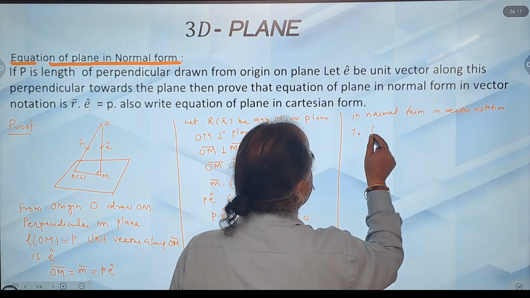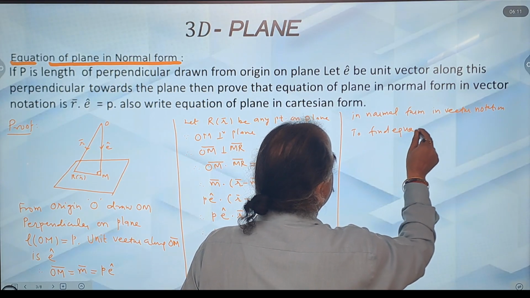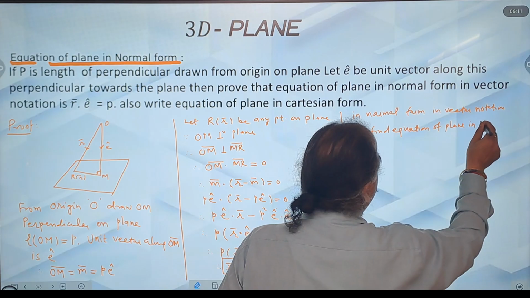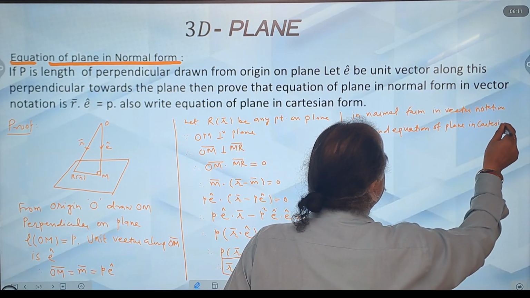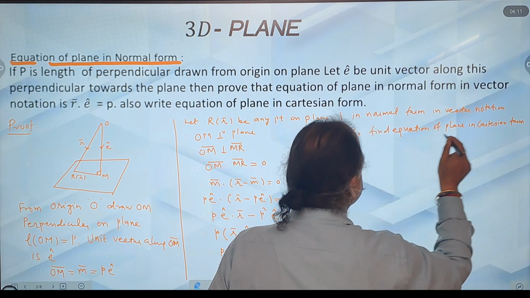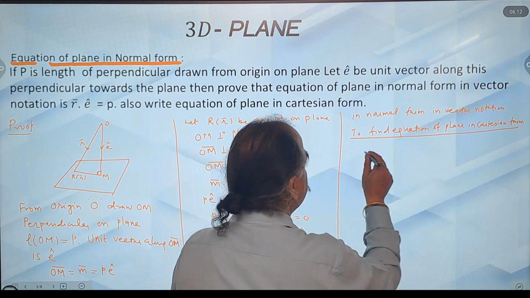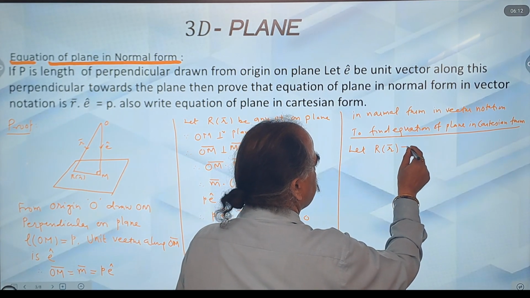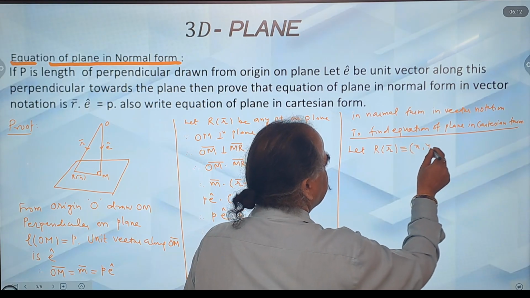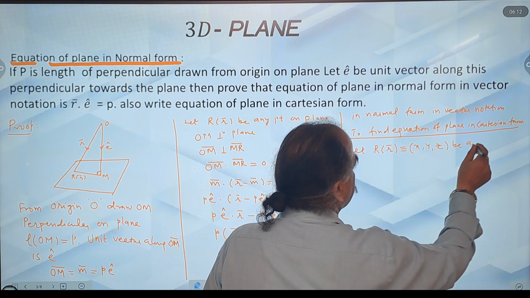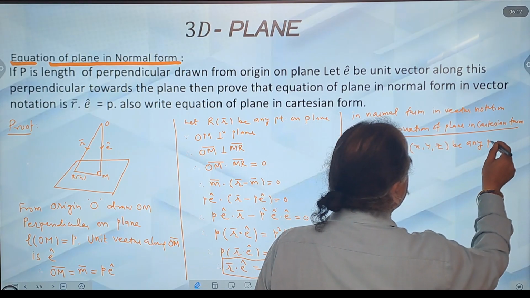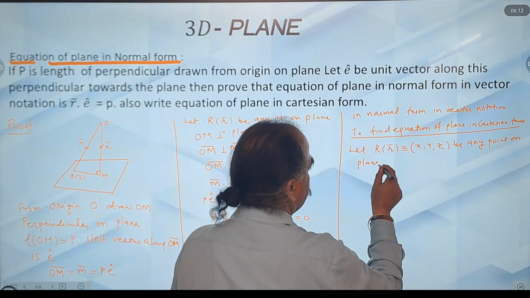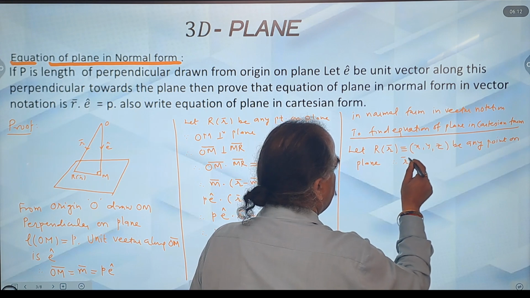To find the equation of plane in Cartesian form, let R bar corresponding to X, Y, Z be any point on the plane. Therefore, R bar is what?